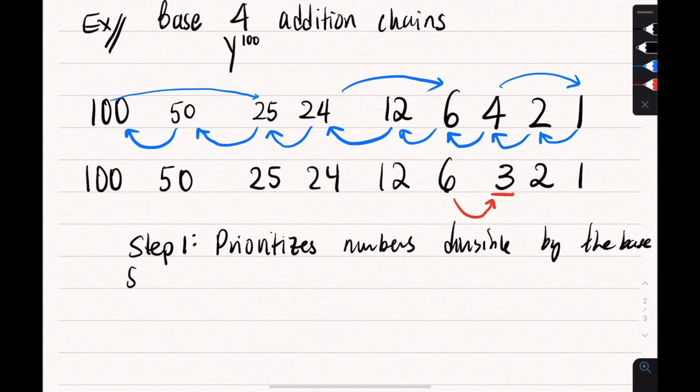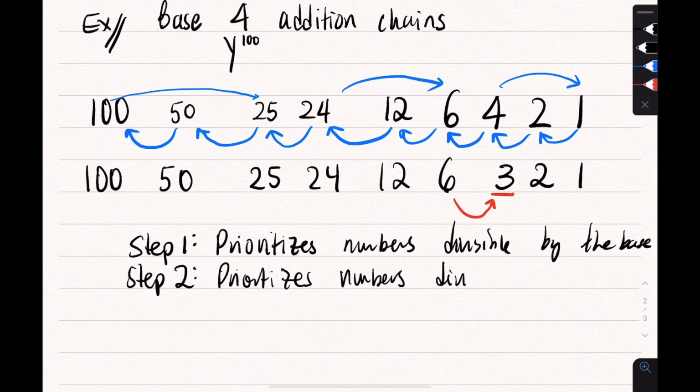And step 2, or method 2, I guess, prioritizes numbers divisible by 2. Okay. In my opinion, step 2 is better because you just divide by 2 outright.